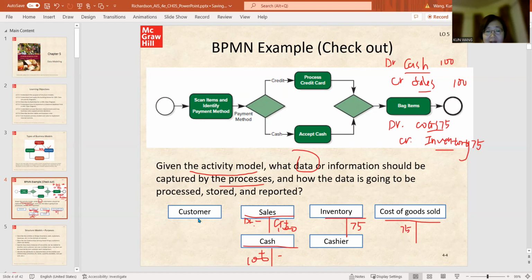Then why do I still have customer and cashier listed here? Is the accounting department managing the customer table or cashier table, or you can call it the database? No, they're not managing that.